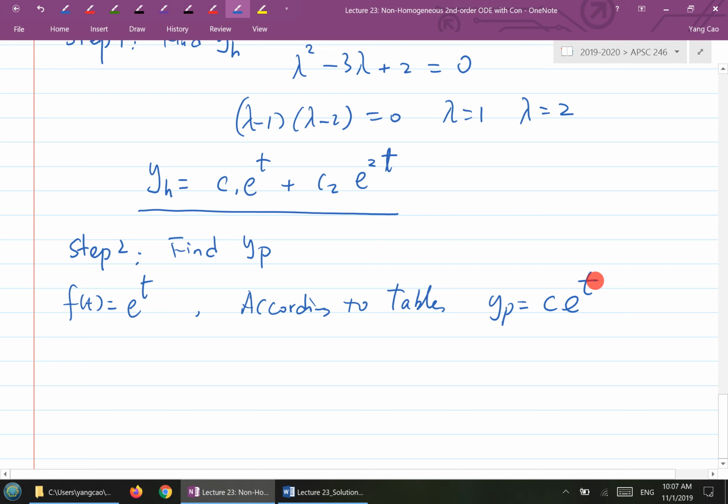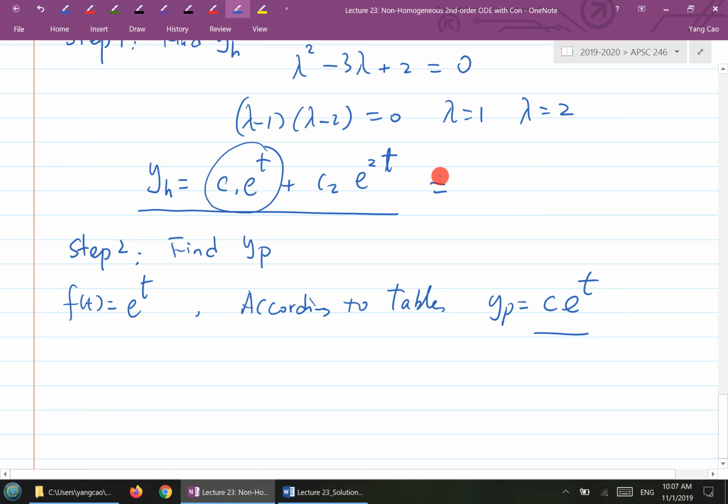That's the direct initial choice of yp. However, if you look at it carefully, this yp is exactly the same format as what? As that C1 e to the power of t, right?